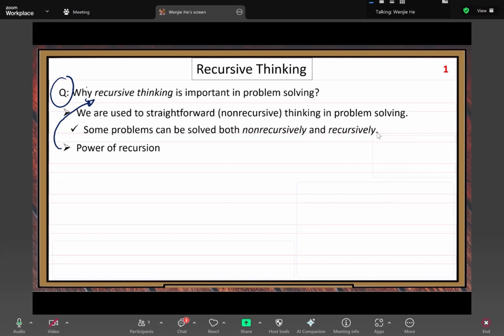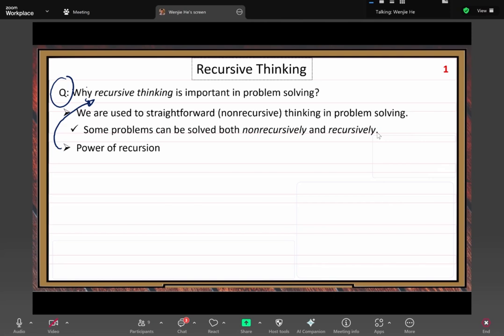But for a very hard problem, if you do not use a recursive algorithm, it could be extremely hard. You may even have a situation where you couldn't solve it. If you do not use recursion, then nobody could solve it. That could happen.